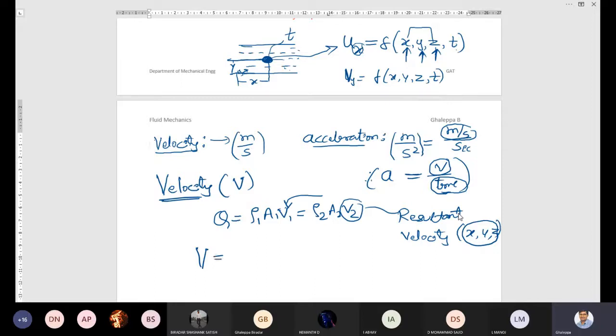Then V is equal to the velocity in the x direction, u, plus the velocity in the y direction, v, and the velocity in the z direction, w, that is u i plus v j plus w k, because velocity is a vector. If you ask for the resultant velocity, it is the square root of u square plus v square plus w square. This is the resultant velocity.